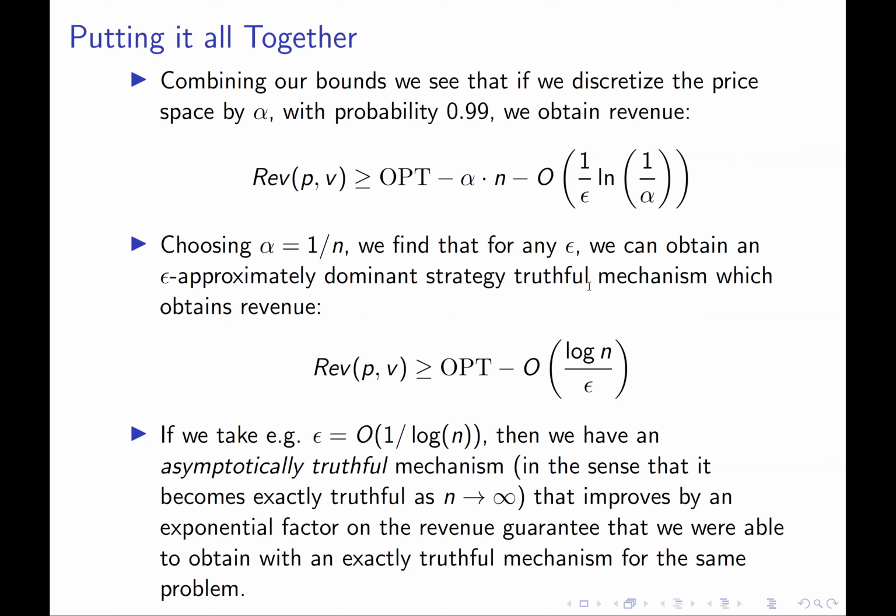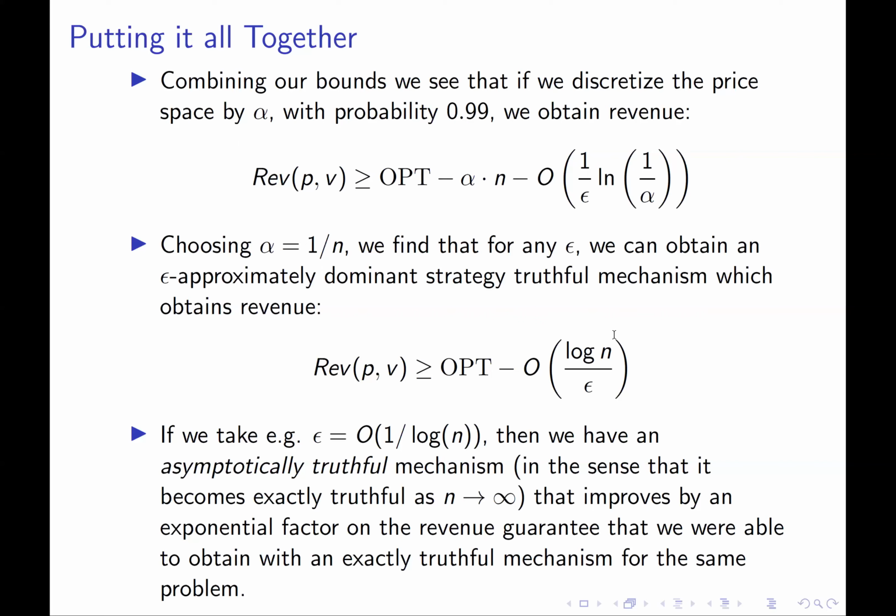So for example, I could take epsilon to be some diminishing function of the number of bidders, say 1 over log n. And if I do that, now I have a mechanism that's asymptotically dominant strategy truthful, in the sense that as n grows large, it becomes exactly dominant strategy truthful. And our revenue guarantee still differs from opt by at most a log squared factor now.